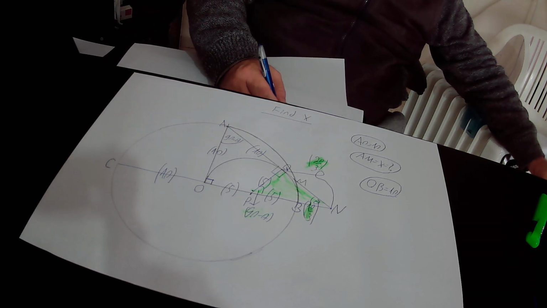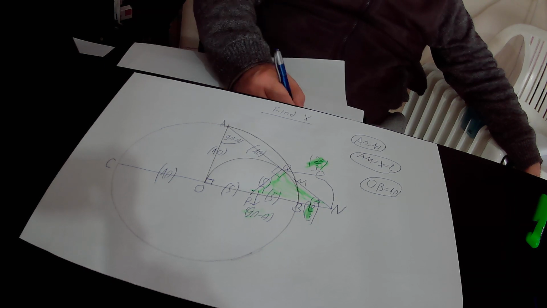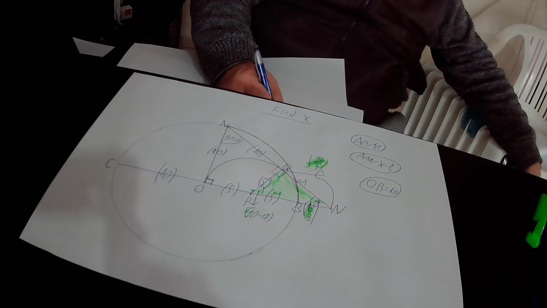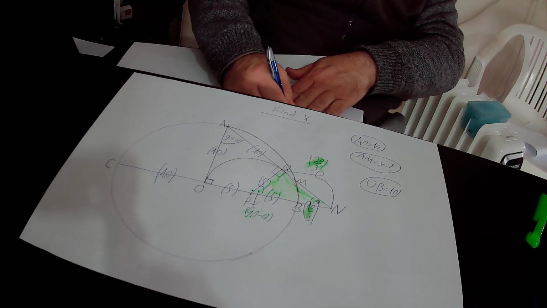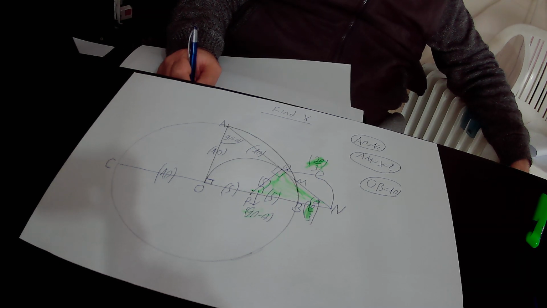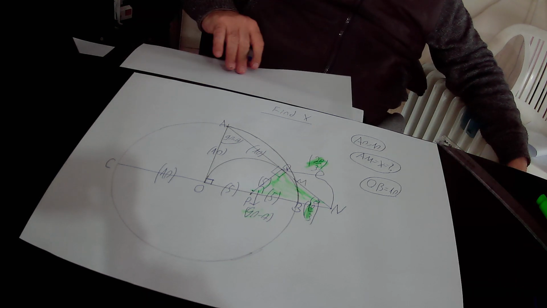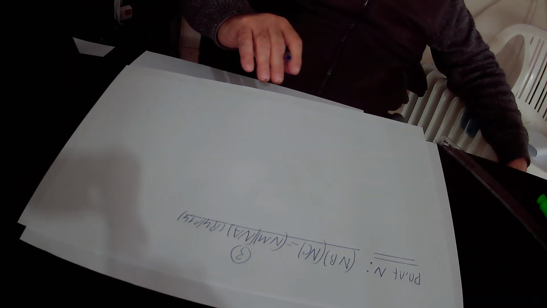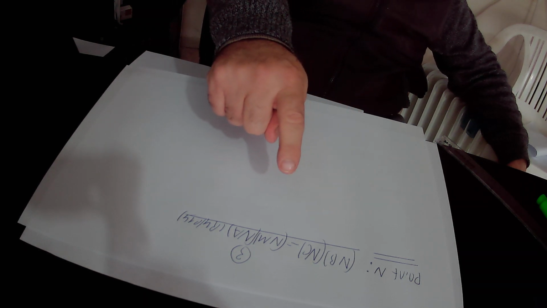Therefore, according to rule number 14, NB times NC equals NM times NA. Repeat again: focusing on the common external point N, according to rule number 14, NB times NC equals NM times NA.